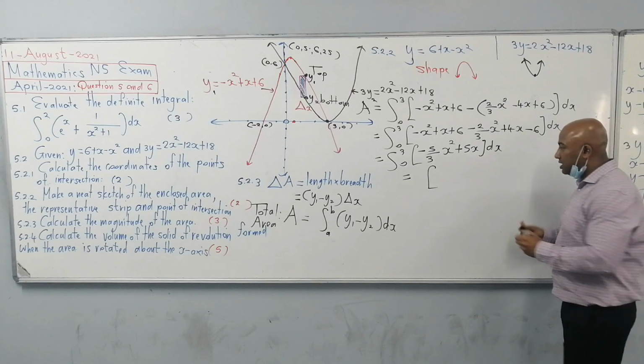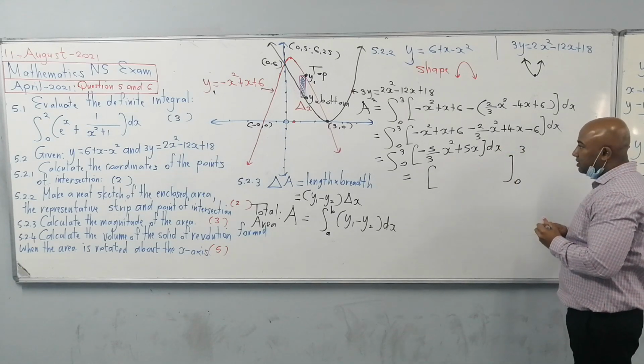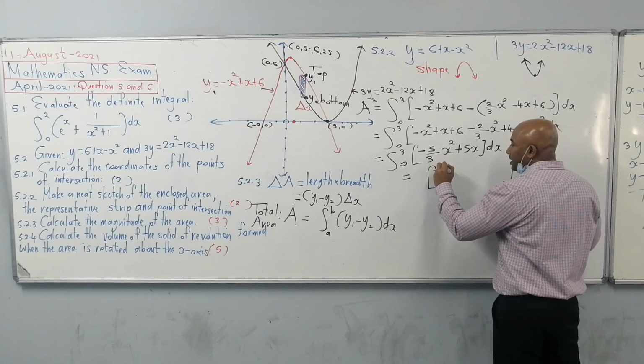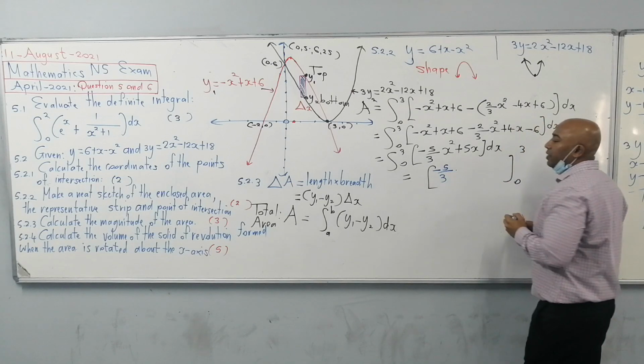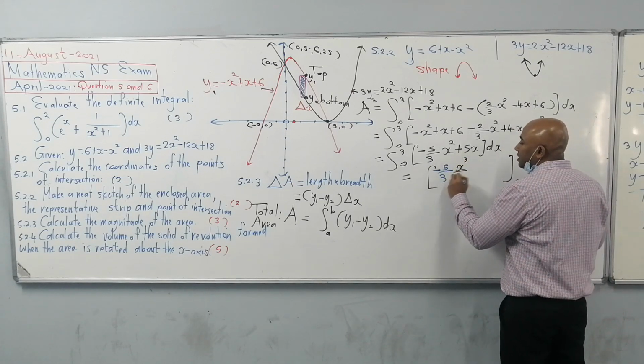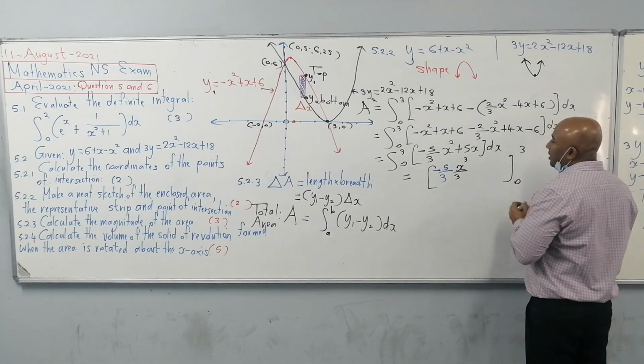Right, so now let's integrate. We're going to be substituting our 0 and 3. So I'm integrating minus 5 over 3 x squared, so that's going to be minus 5 over 3. When I integrate the x squared, it's going to be x to the power 3 over 3. Are you clear with that? Yeah, I got my plus 5.